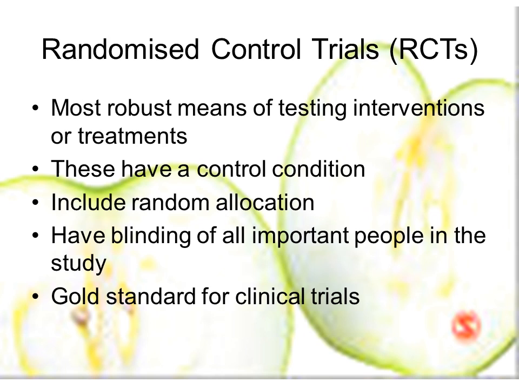Randomized controlled studies are the most robust means of testing interventions or treatments. These have a control condition. Obviously, they have to have a controlled condition because we're dealing usually with individuals with trials. They include a random allocation, meaning how the individuals are actually placed in the study is random.